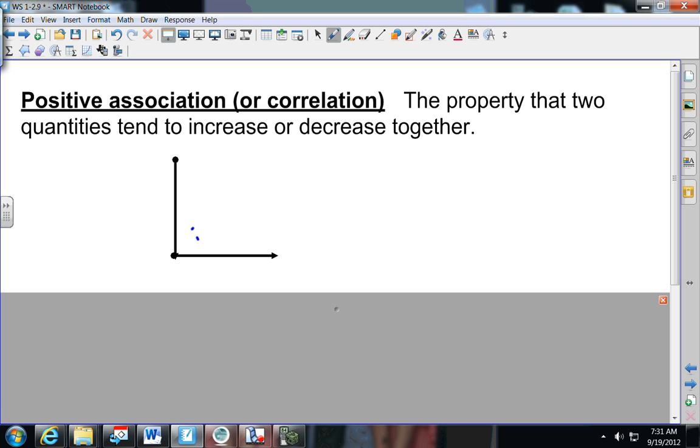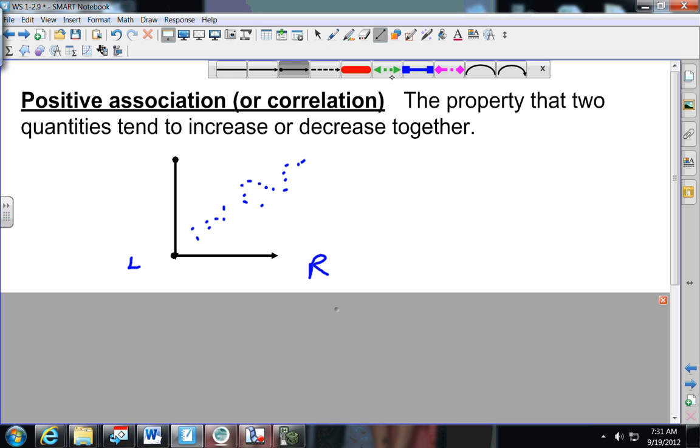Meaning that if my dots kind of go up like this, the trend reading from left to right, if I was to draw a trend line, the trend line would be going up. This would be a positive correlation, meaning that they're all going up.